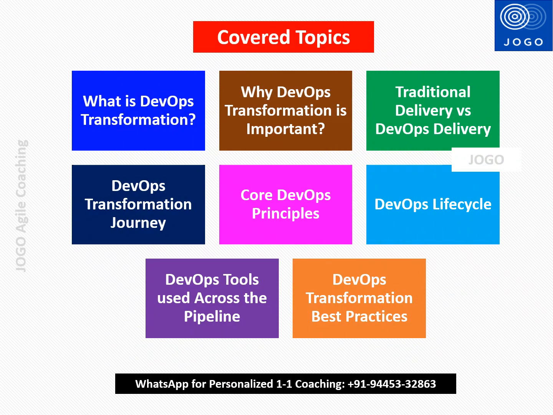The topics that are covered in this video are: what is DevOps Transformation, why DevOps Transformation is important for the Agile organization, differences between traditional delivery and DevOps delivery, what is the DevOps transformation journey, core DevOps principles that we need to follow when we implement the DevOps roadmap, life cycle of the DevOps tools used across the pipeline, and a few DevOps transformation best practices. Please watch this video till the end to understand all these details with some examples.